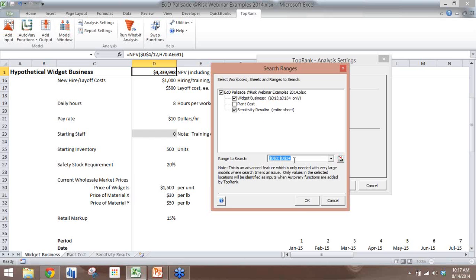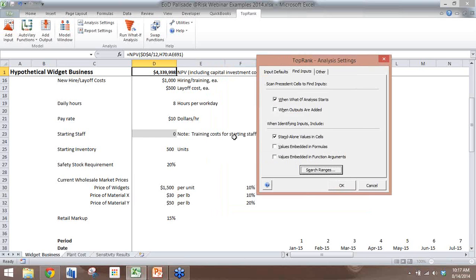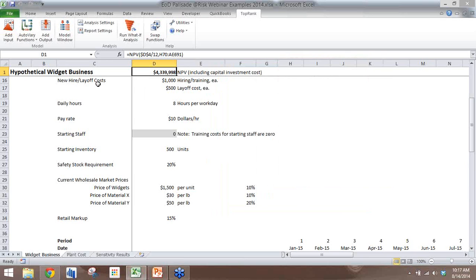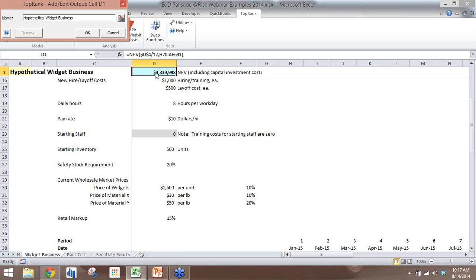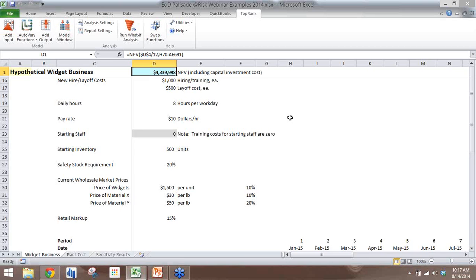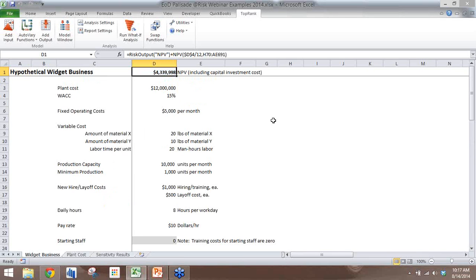So you can see it highlights here the search range I'm going to use. I'm also going to specify the key output, which in this case is this cell, D1. And actually, I'm just going to rename that net present value. And now what I'm going to do is run the what-if analysis.